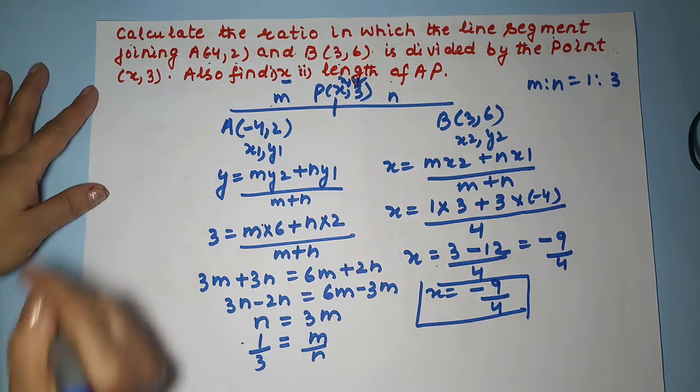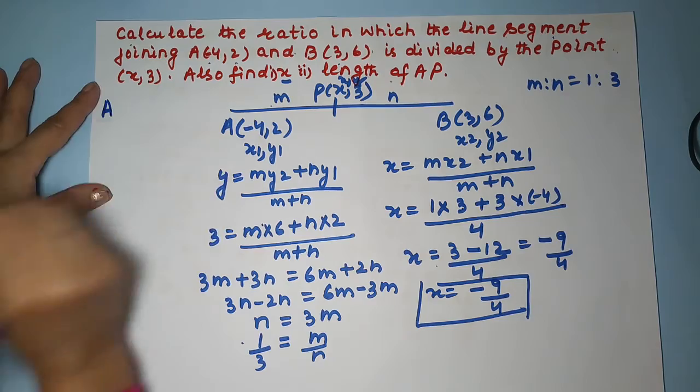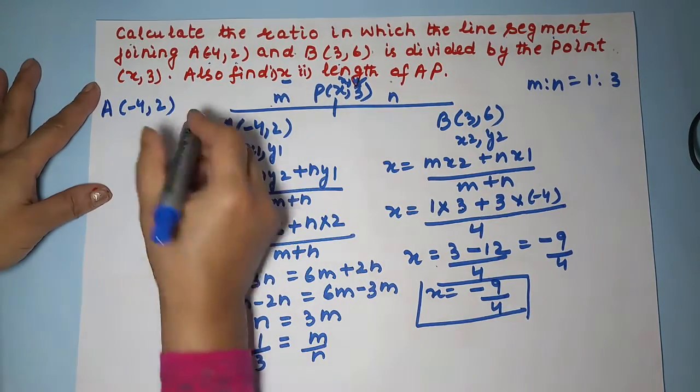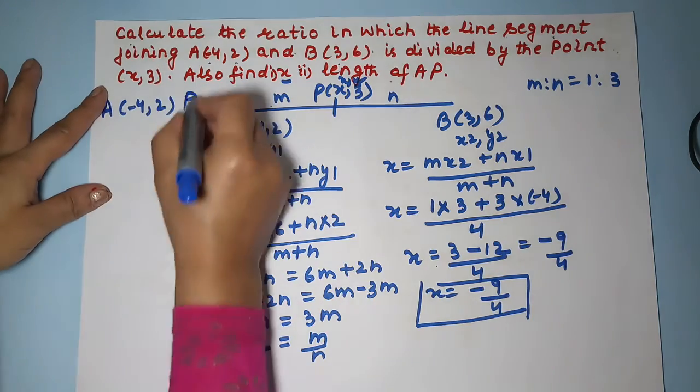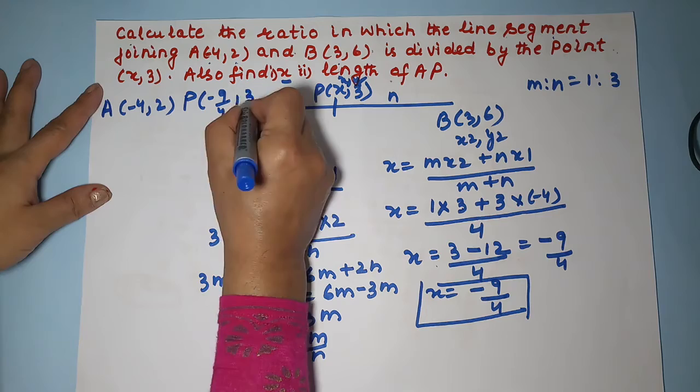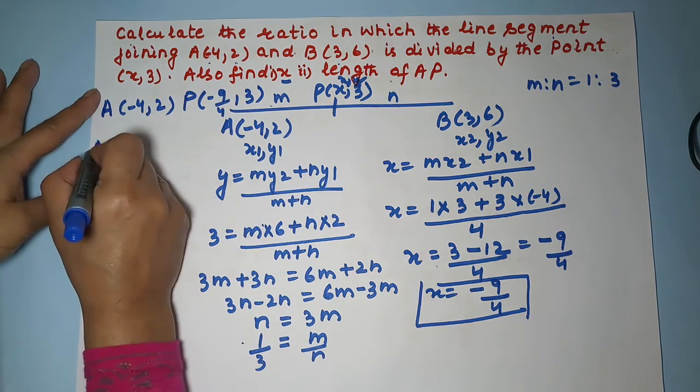Right? Now, after that, he wants me to calculate the length of AP. Right? Now, what are the coordinates of A? -4 and 2. What are the coordinates of P now? -9 by 4 and 3. Right? Now, we have to find this AP.